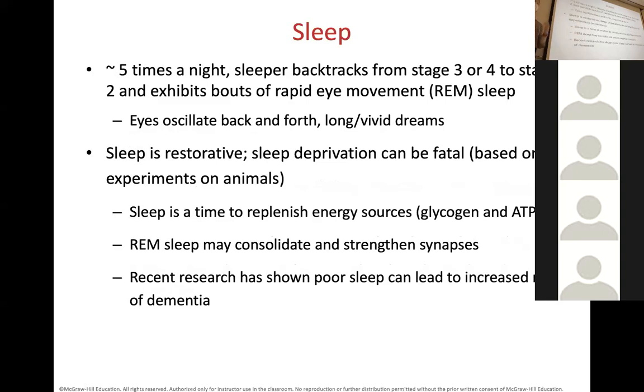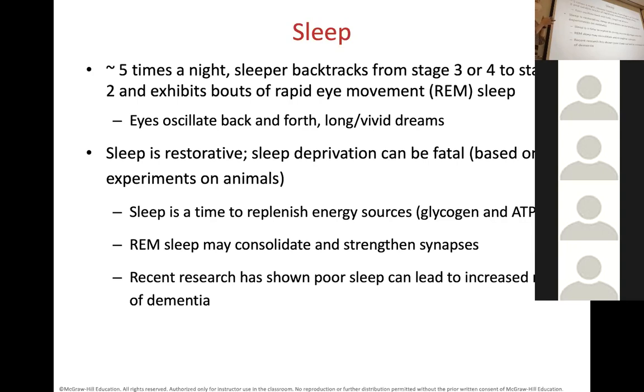If you look at someone sleeping, you'll see their eyes moving back and forth under their eyelids. Hopefully their eyes aren't open, but their eyes are closed, and there's a lot of eye movement. This is when you typically have those dreams that you can remember that are really vivid and long. That occurs during this REM sleep where you're backtracking out of that really deep sleep and back into some kind of lighter sleep.